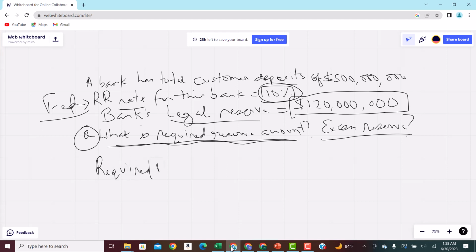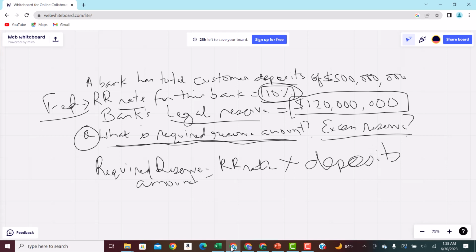Required reserve amount will be the required reserve rate, the RR rate, multiplied by the total deposits the bank holds for customers.